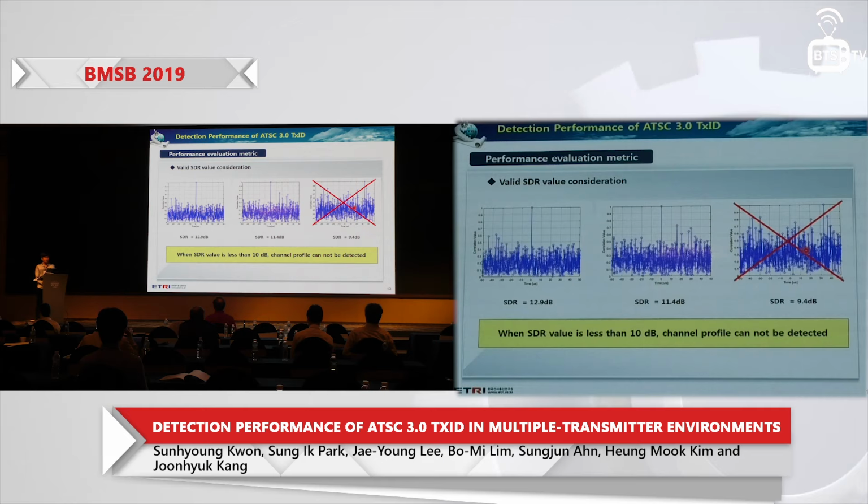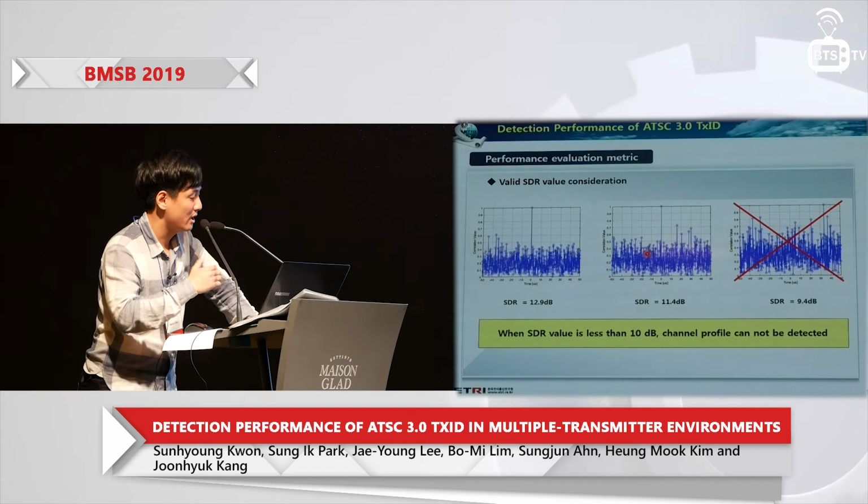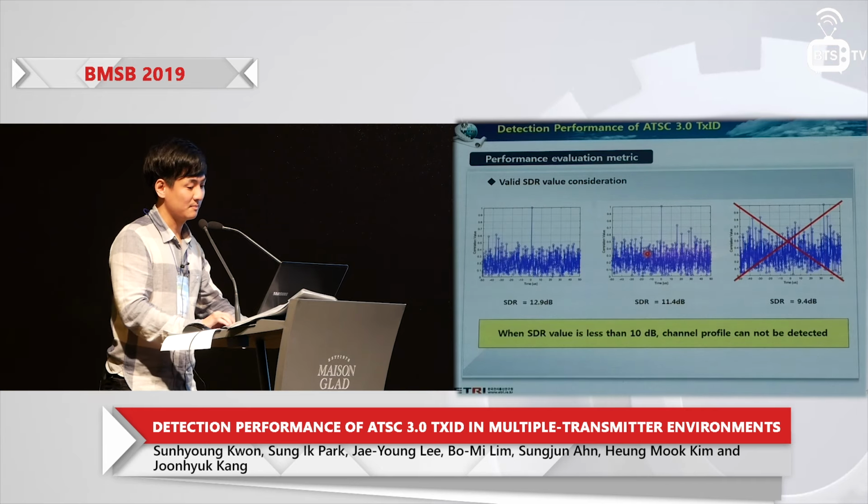Therefore, in this paper, it is regarded as detection failure when the SDR value is less than 10 dB. But even if the SDR value is slightly greater than 10 dB, I would say it's quite close to the detection failure condition, so it's not guaranteed a stable TxID detection.